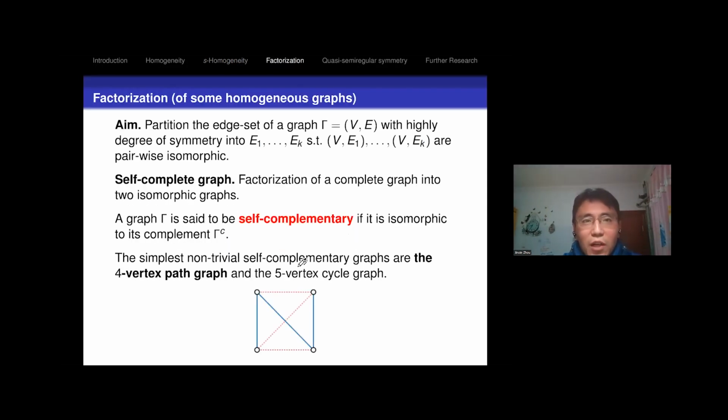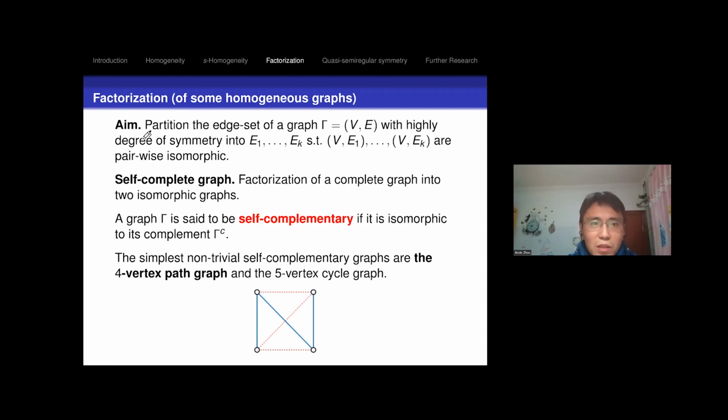Next, I will talk about some results about relatives of homogeneous graphs. First is about factorization of some homogeneous graphs.